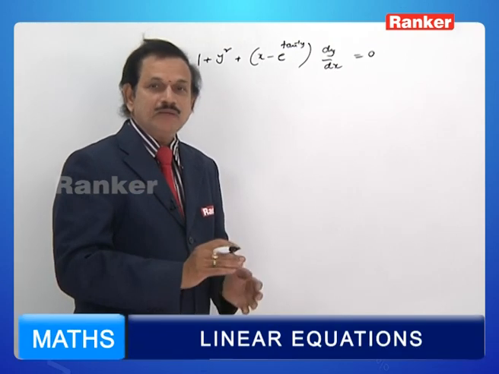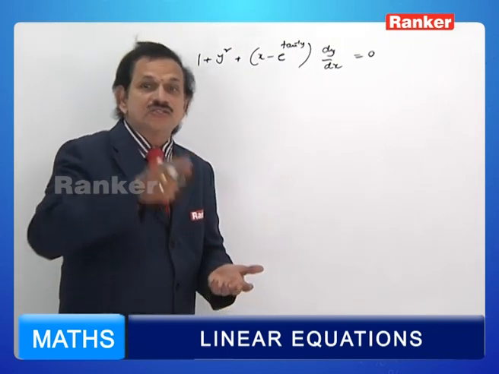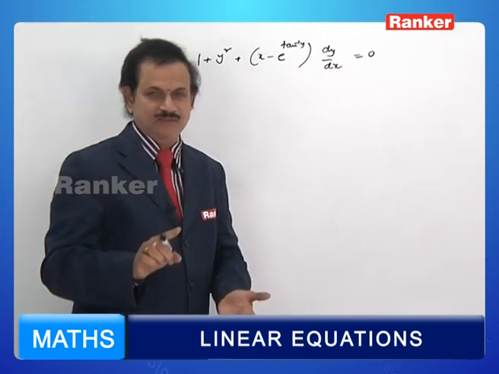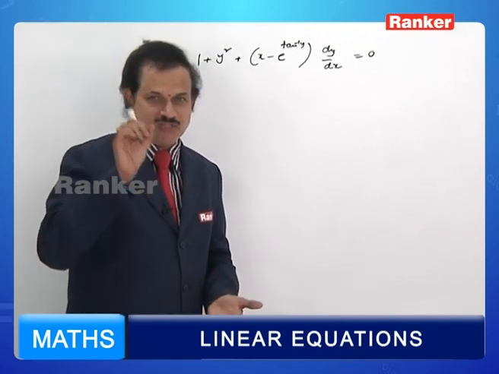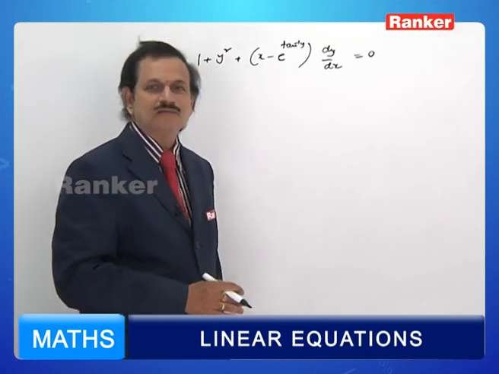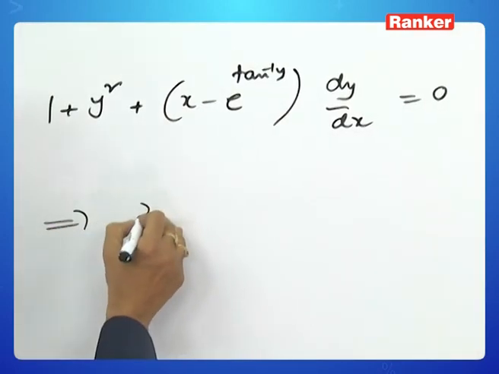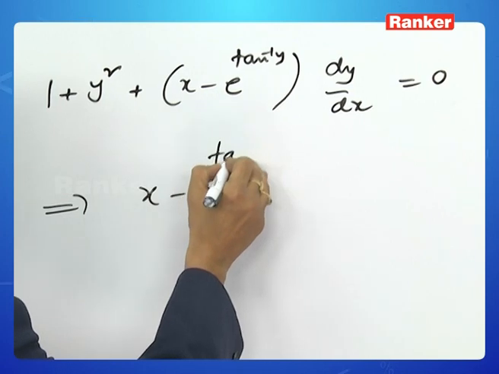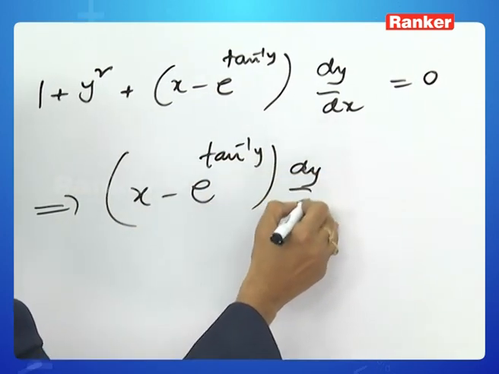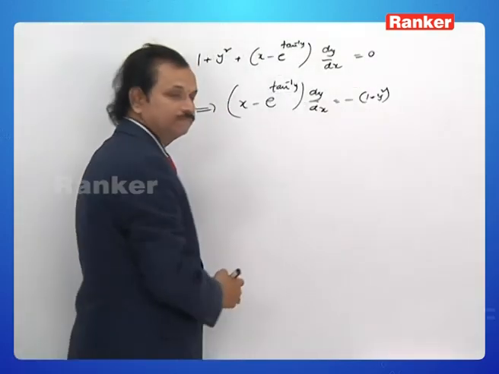That is, we must try to get it converted into the standard form of those equations which are linear in x. I think you could have recollected that dx by dy plus px is equal to q, isn't it? Let us try. This implies x minus e power tan inverse y into dy by dx is therefore equal to minus of 1 plus y square.